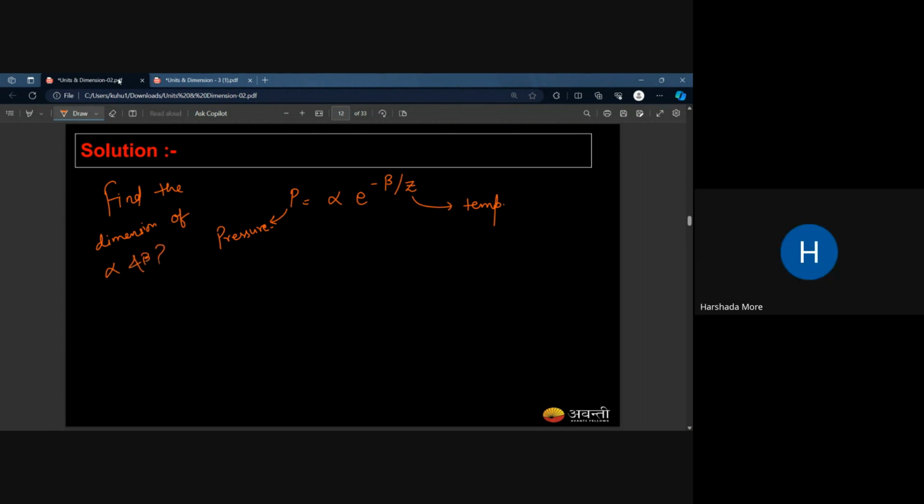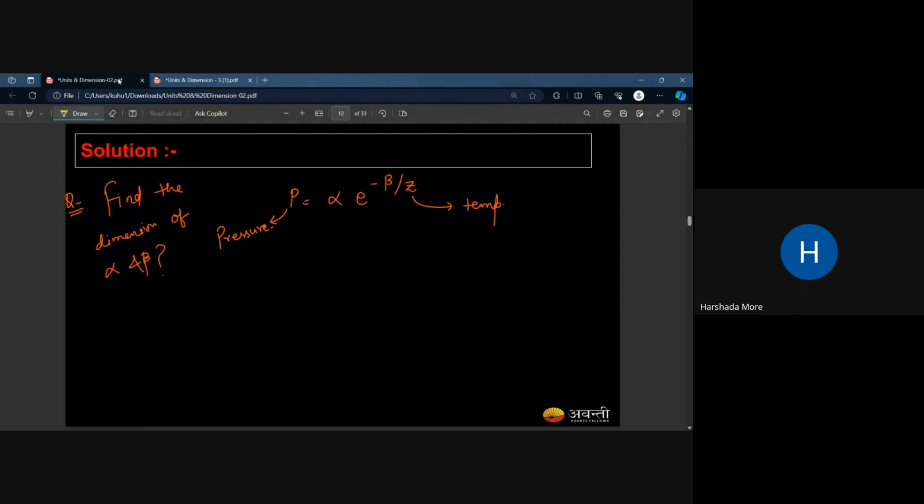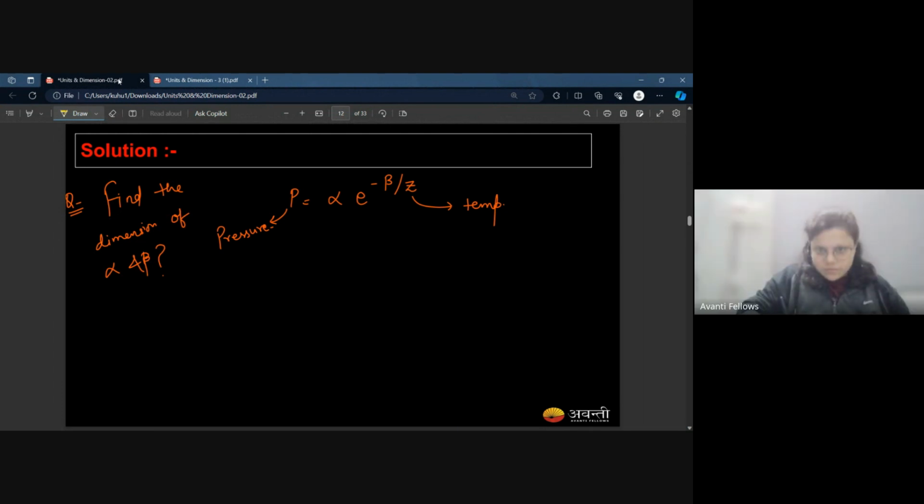According to my convention, I have tried that the dimension of beta is dimensionless because any number is the power of E. Wait a second. See, E raised to the power something: whenever you have to deal with an exponent or power, you have to be very clear about it. It is dimensionless. We have never seen an expression like 2 raised to the power 3 meter per second.